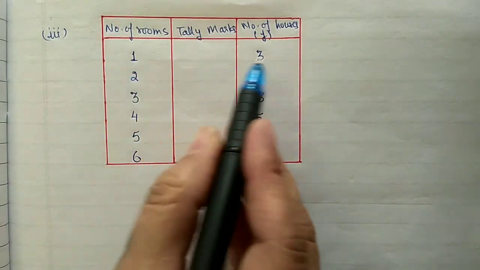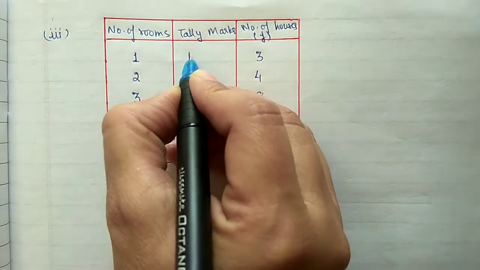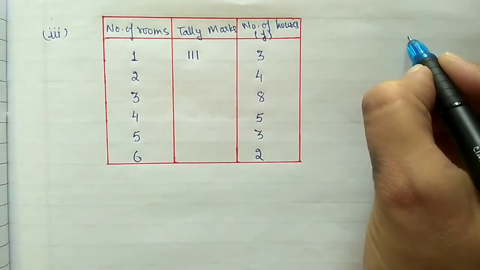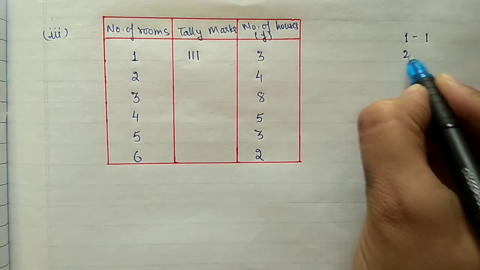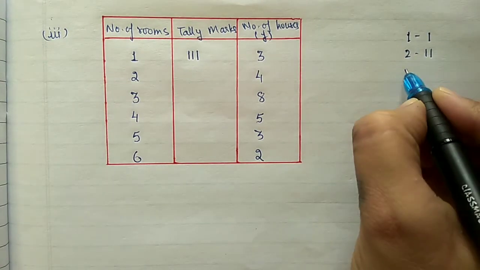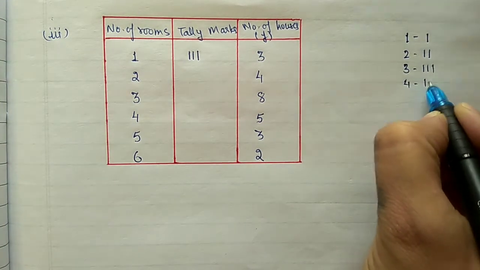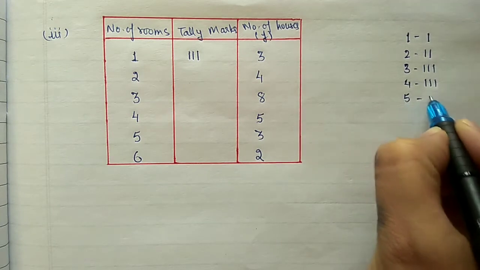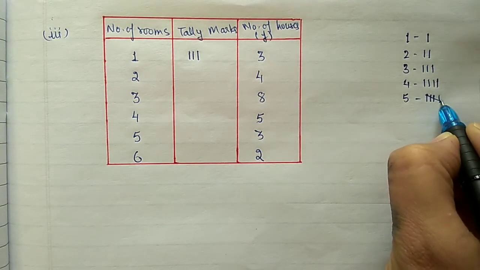Now how to represent this with tally marks? To represent 3 we will mark 1, 2, 3. 1 we will represent with 1 line, 2 with 2 standing lines, 3 with 3 lines, 4 with 4 lines, and 5 with 4 lines and 1 cross line.